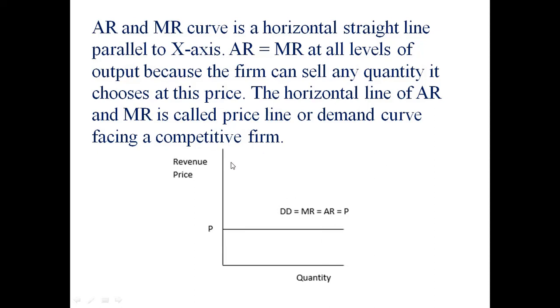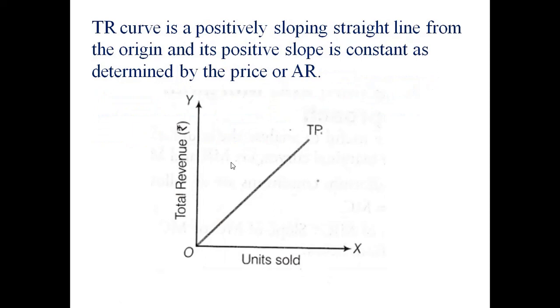But now how will this TR look like? So this TR looks like this. Again I want to repeat, this is your TR. The TR curve is a positively sloping straight line from the origin. Remember that this TR will start from the origin, signifying that when the output is 0, TR is also equal to 0.